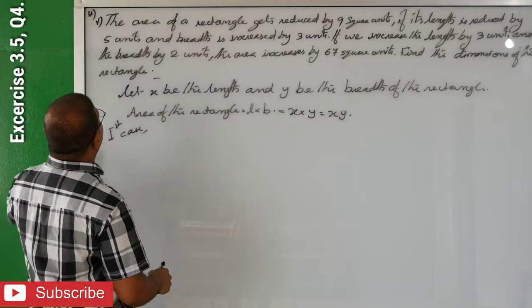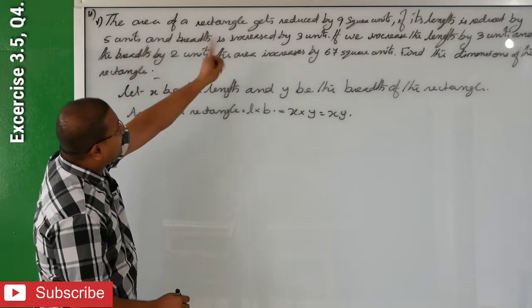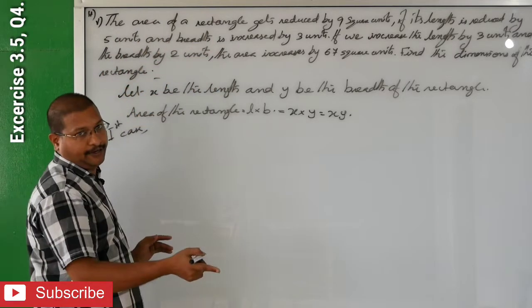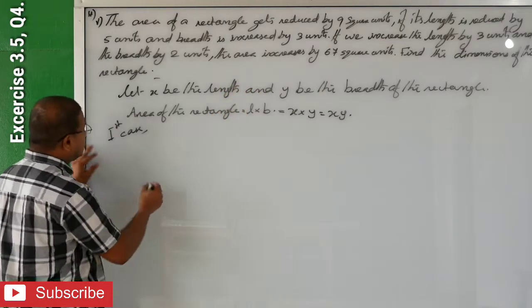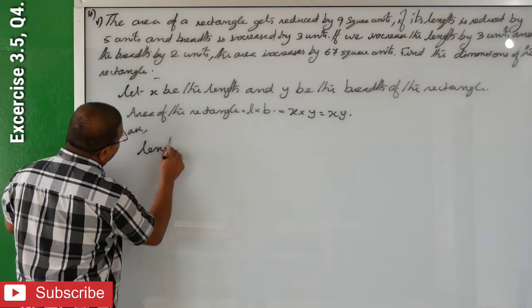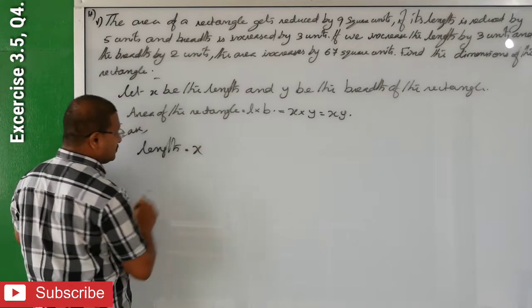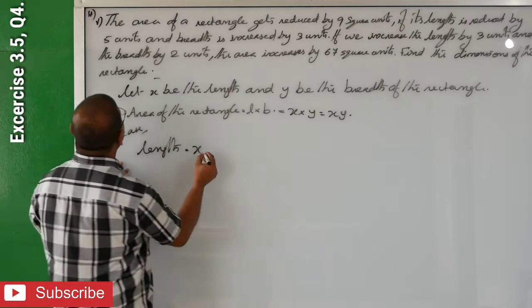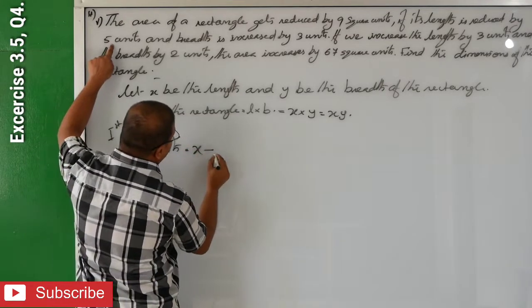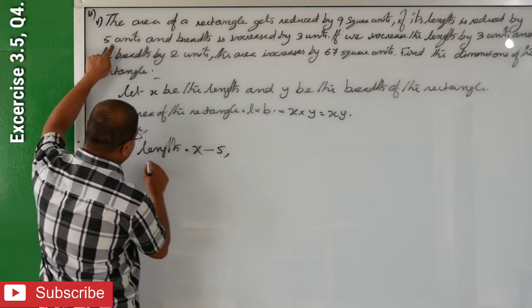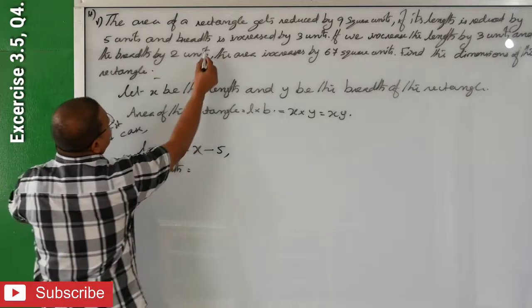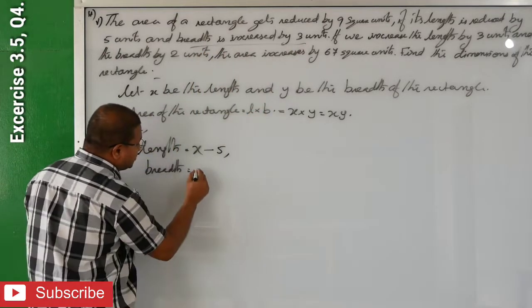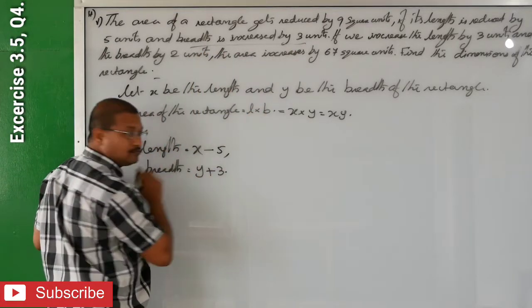Now let us see the first case. First case means what happened? The area of the rectangle gets reduced by 9 square units. If its length is reduced by 5 units, length was x, but it is reduced by 5 units, that means x minus 5. And the breadth is increased by 3 units, that means y plus 3.